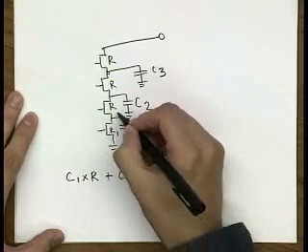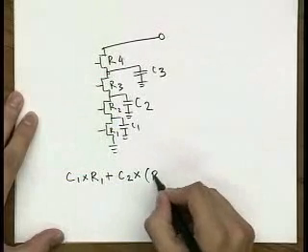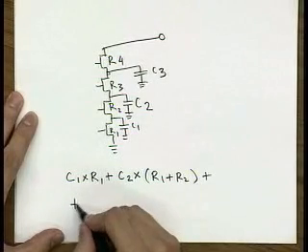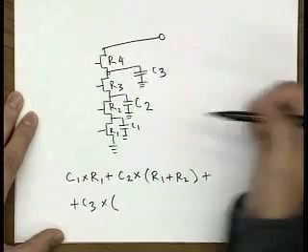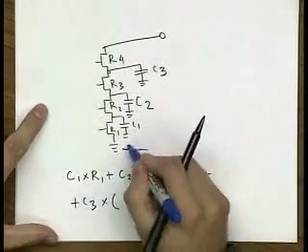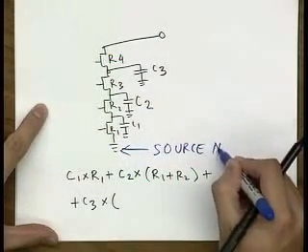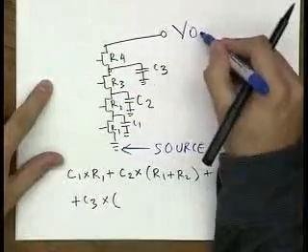So this is R1, R2, R3, R4. So this is R1, and this is now R1 plus R2 plus... C3 sees everything that's basically back upstream, because this is our source over here for the delay calculation analysis. This is our source node, source voltage, and this is our output.